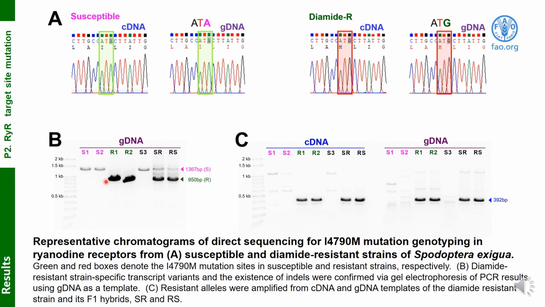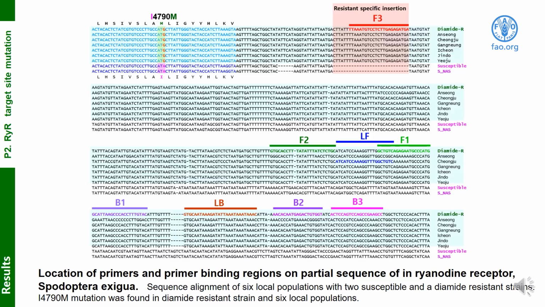Also, there is an indel, an insertion or deletion, in the resistant strain. We checked this resistance-specific indel at the cDNA level and the genomic DNA level, and they perfectly matched. Here is the resistance-specific insertion.